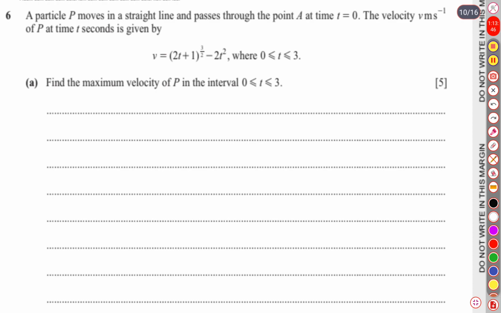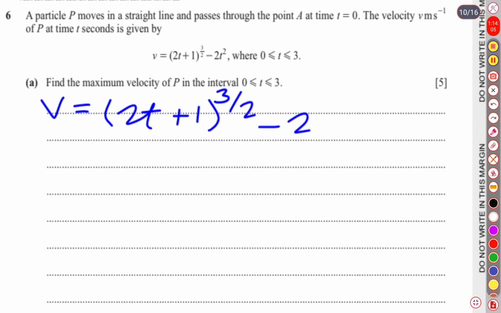So from velocity, let us find acceleration: v is equal to (2t plus 1) raised to 3 over 2 minus 2t squared. For acceleration, we will find the derivative of velocity, not integration, sorry, derivative.